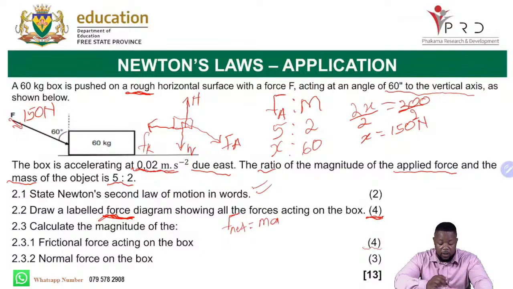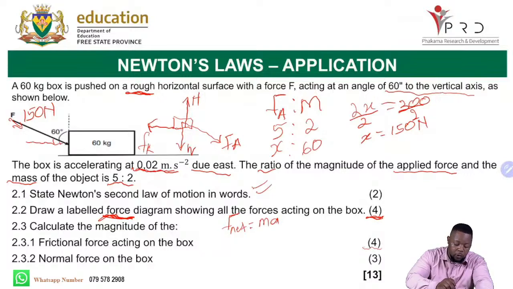Now, we look at the force diagram that is given there. We see that the applied force is acting at an angle, and therefore we must first get the horizontal component of that force.